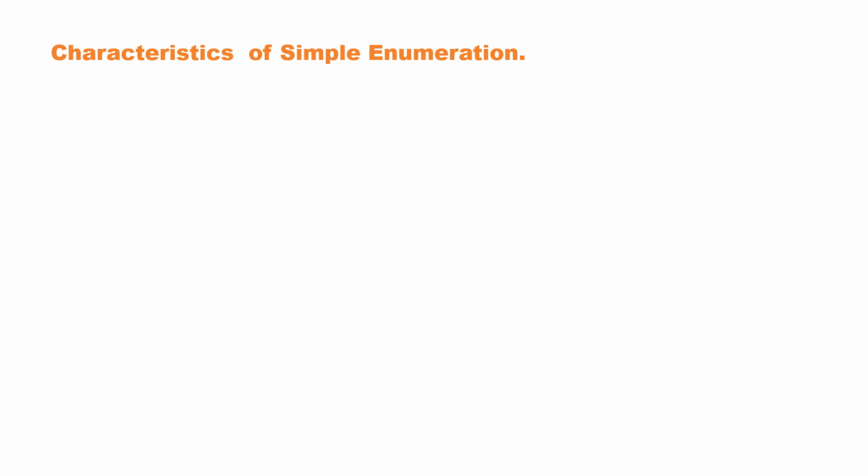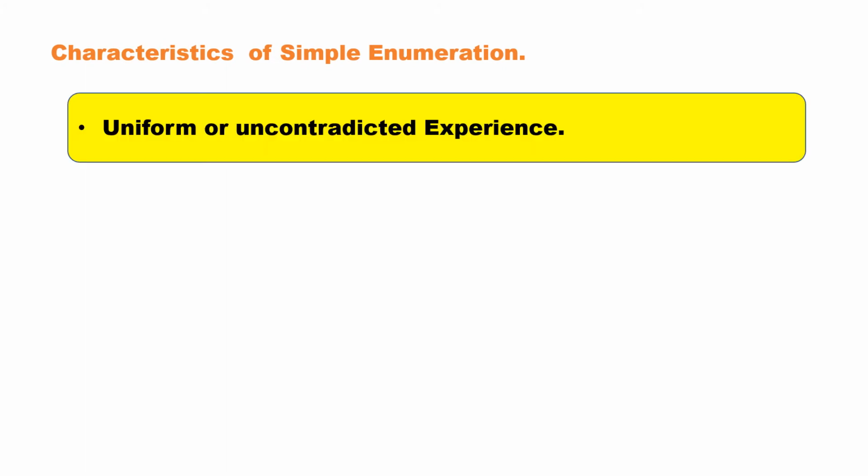Let us understand the characteristics of simple enumeration. The first is uniform or uncontradicted experience. Simple enumeration is based on the tendency to expect that what is true of the observed instances will also be true of the unobserved ones. This shows that the ground of generalization in simple enumeration is uniform or uncontradicted experience. Our experience shows that certain properties are found together, that is, a comb.